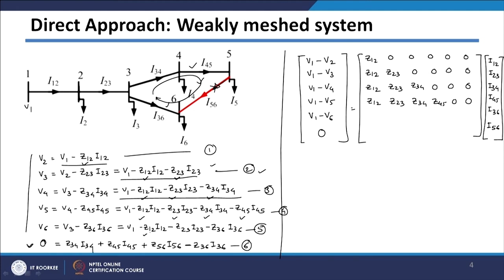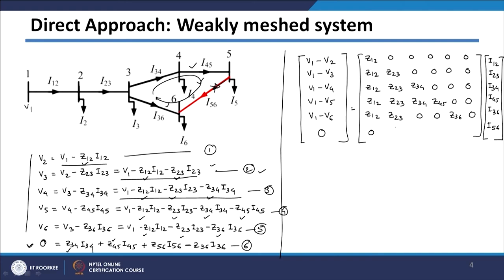And here we are having Z12, Z23 and directly Z36. So, Z12, Z23 and this is 0 0, and here we are having Z36 and 0. And the last equation, if you see, we are having Z34, Z45.